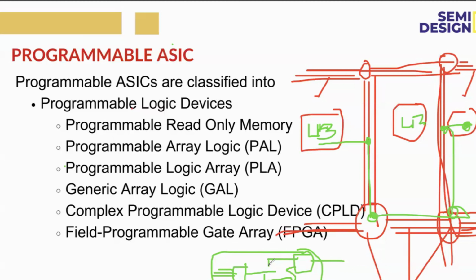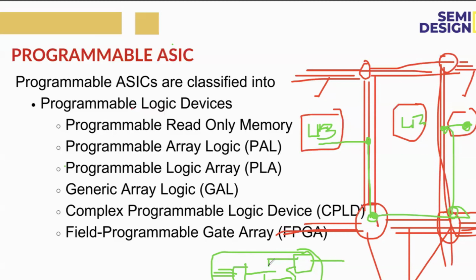Here the lookup table is basically a memory. The basic building block of the lookup table will be a D flip-flop, which stores a 0 or 1 value, and the D flip-flop is eventually made up of some gates, a combination of gates. So this is how it is present in the FPGA.